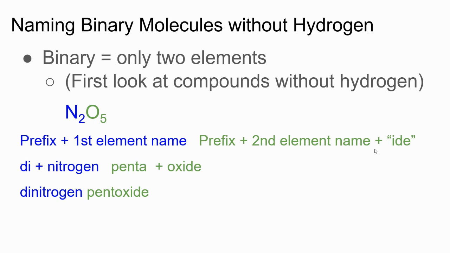We're going to talk about a rule: if we have a vowel at the end of the prefix and a vowel at the beginning of the element, we're going to drop the vowel at the end of the prefix. Okay, questions so far? So this is our rule for naming molecules with only 2 elements, as long as it's not hydrogen.